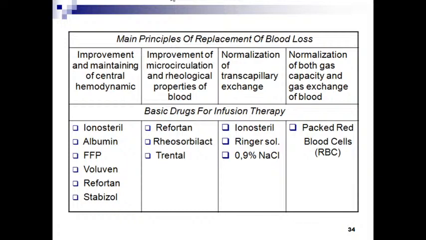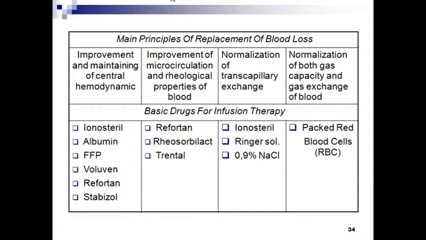How to choose necessary drugs for performing the principles of replacement. First principle, improvement and maintaining of central hemodynamics. Basically, we can use drugs for correction of volume of blood circulation.